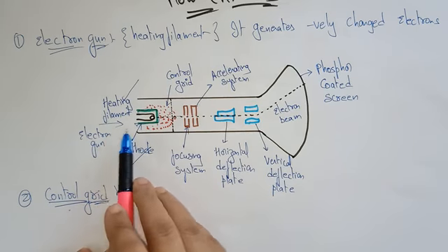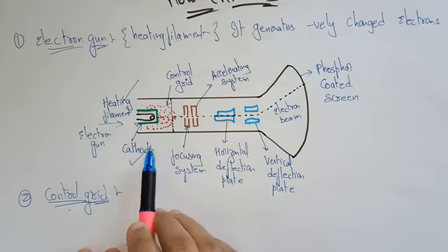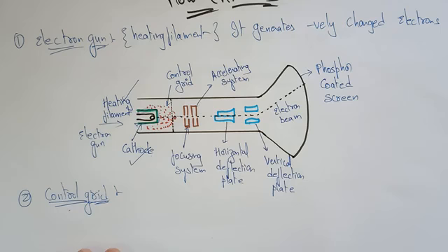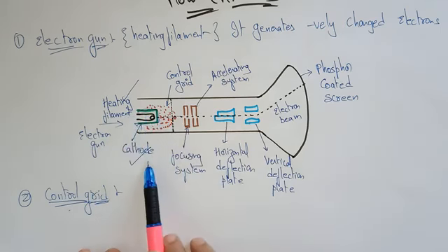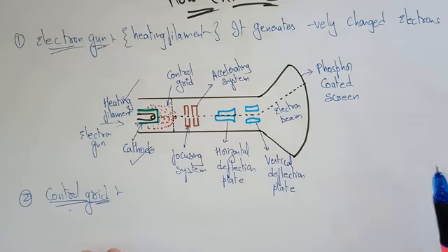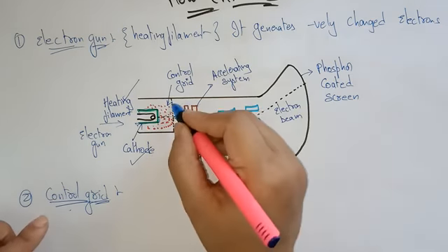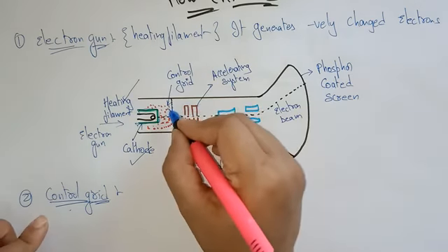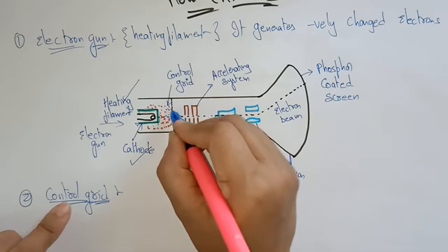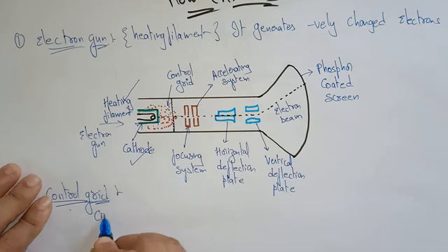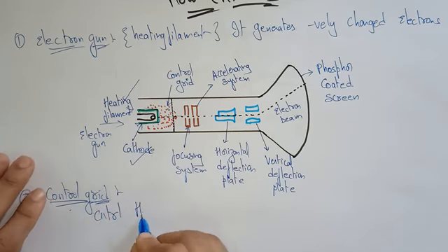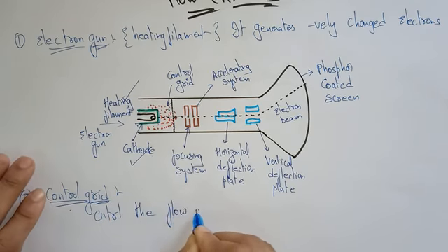Here the electron gun generates negatively charged electrons with the help of the heating filament and the cathode. Then after that the control grid is there, and it controls the flow of electrons.